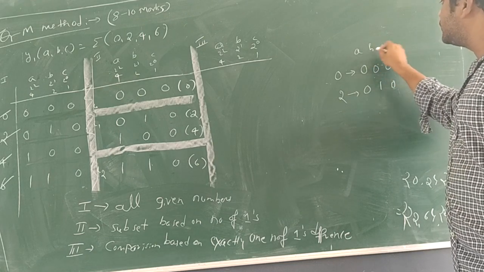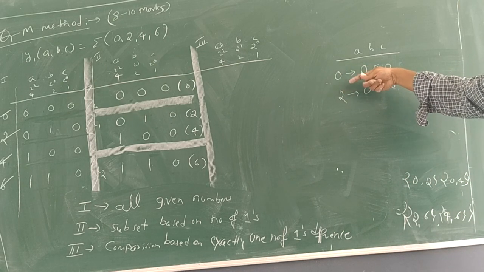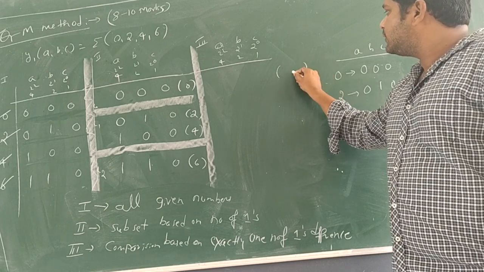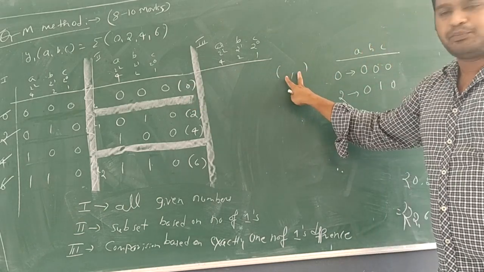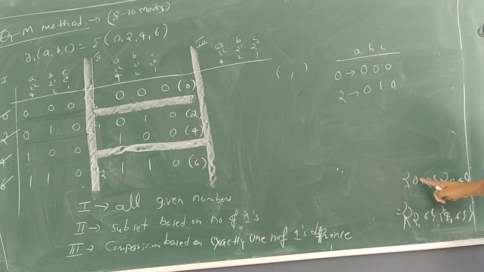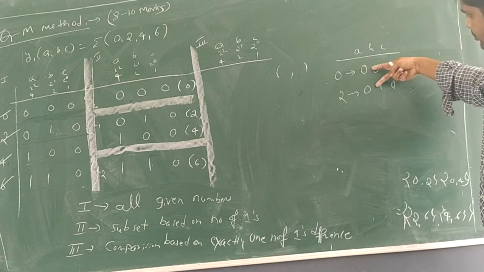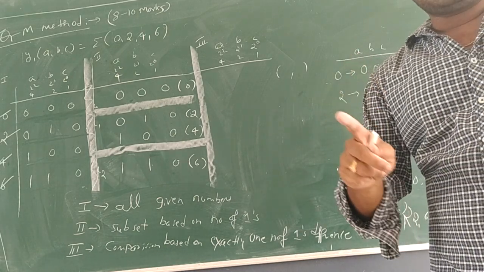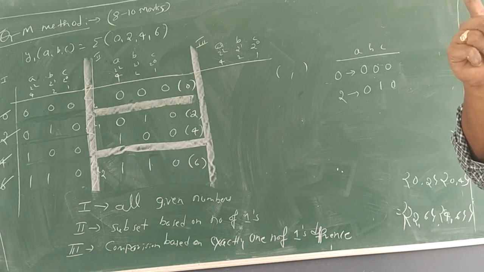So over this, what do we have? A, B and C. Here the step 3 will get a pair like 0, 2 or 0, 4, if in the representations of the two numbers the difference is exactly 1 bit.